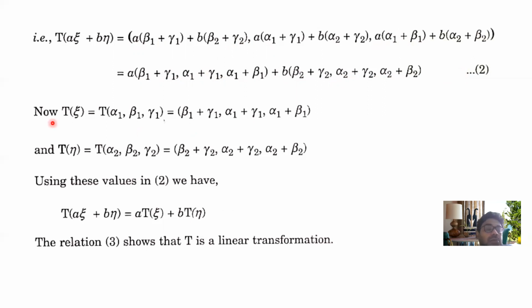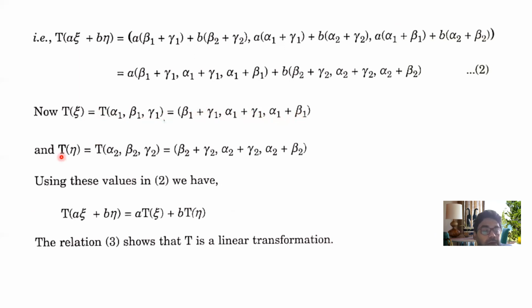So now T eta, that is T(alpha 1, beta 1, gamma 1), is equal to, formula wise, (beta 1 plus gamma 1, alpha 1 plus gamma 1, alpha 1 plus beta 1).